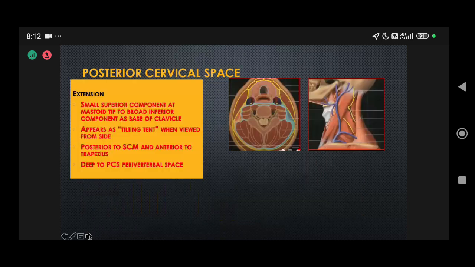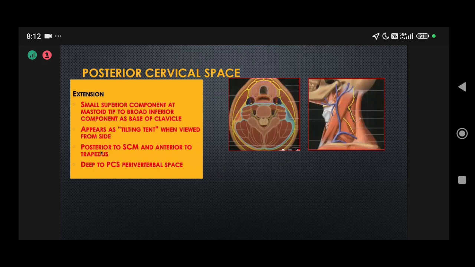Now what is this posterior cervical space? Basically this is an inverted, tilting tent shaped space. It has a small triangular superior component seen at the mastoid tip, and a broad inferior component at the base of the clavicle. That is how it forms a tilting tent.